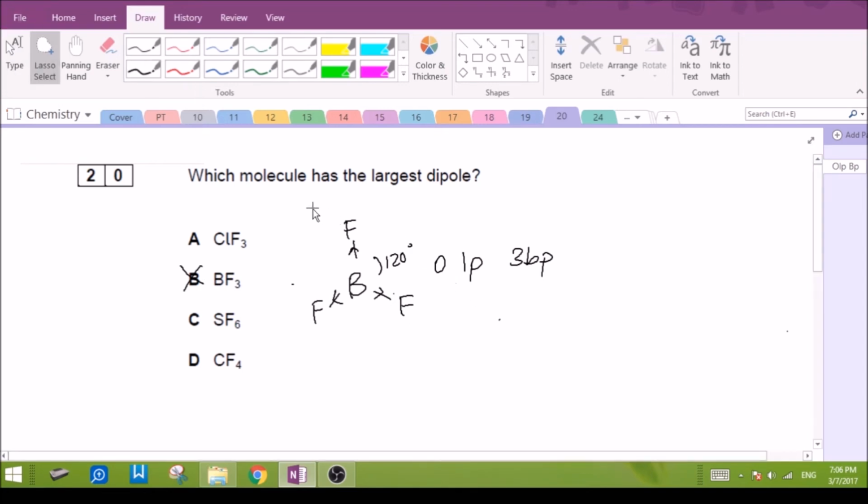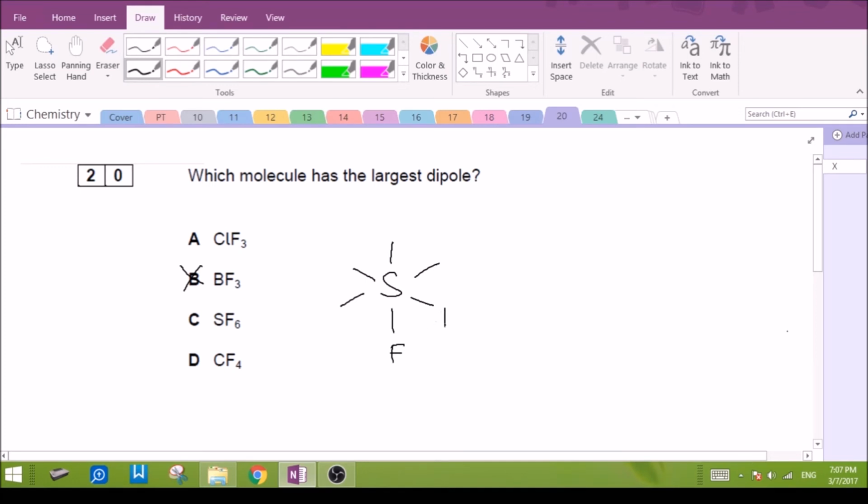Option C, sulfur hexafluoride. So sulfur is in group 6 and 6 of its electrons are involved in bonding to form 6 single bonds with fluorine.